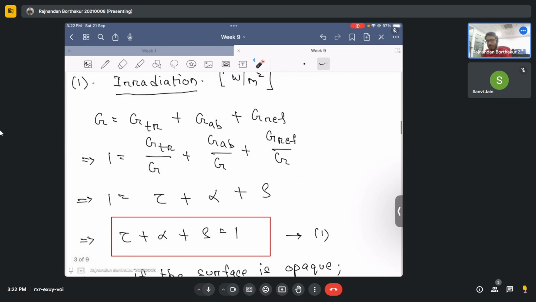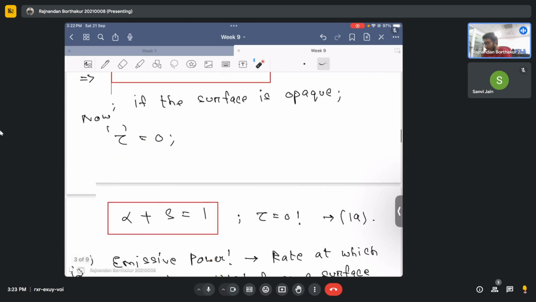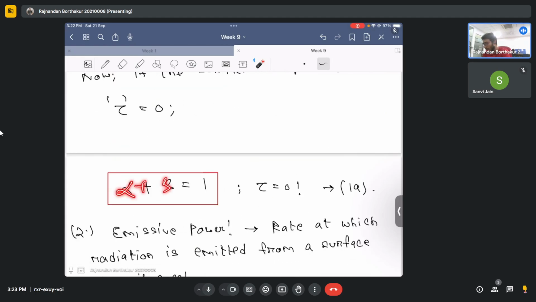And then after dividing with the total irradiation, we found out that the sum of transmittivity plus reflectivity plus absorptivity is basically equal to 1. And for an opaque surface, this reduces to alpha plus rho equal to 1, where alpha is your absorptivity and rho is your reflectivity. Okay, this is the first thing that we saw.